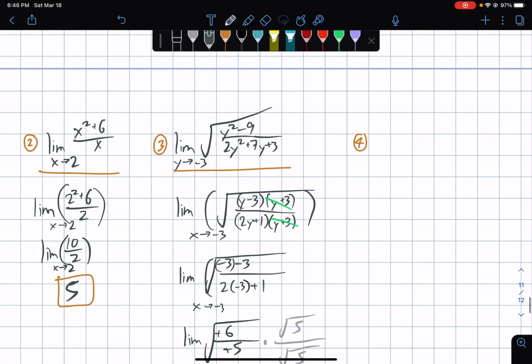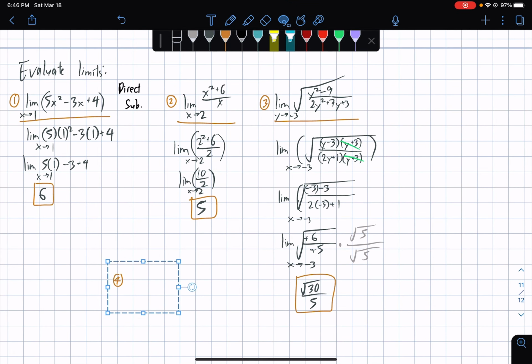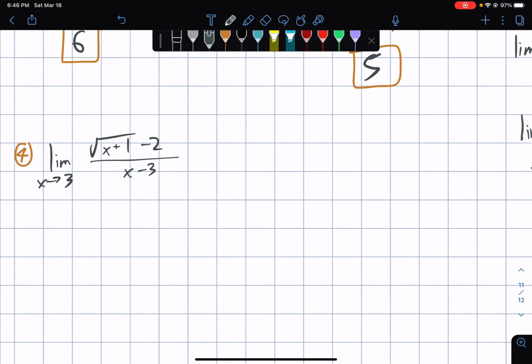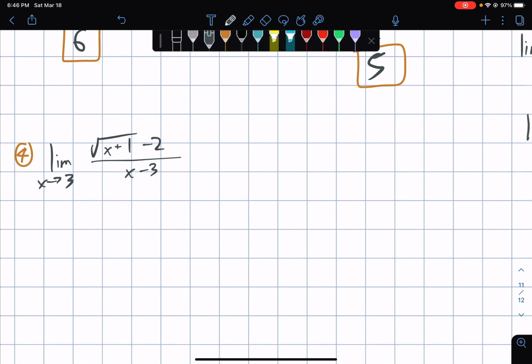Let's go with number 4. Let's move it here. So the limit of x approaching 3 such that the square root of x plus 1 minus 2 over x minus 3.